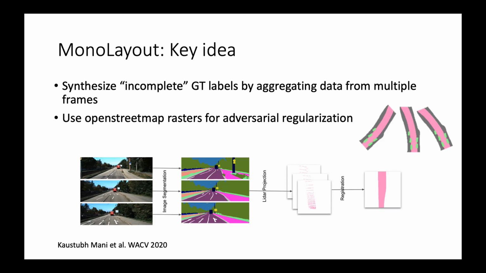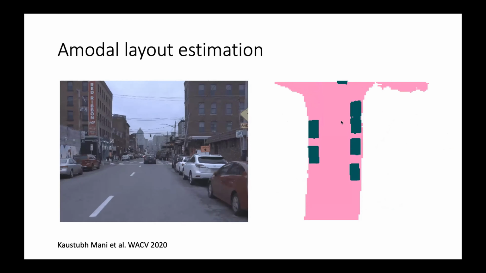And for that, we have an adversarial regularization term, which basically means we have a discriminator that enforces the distribution of predicted layouts from the network to resemble the distribution of rasterized, perfect, nice looking OpenStreetMap layouts. And we find that this simple little training hack is enough to give us plausible results.